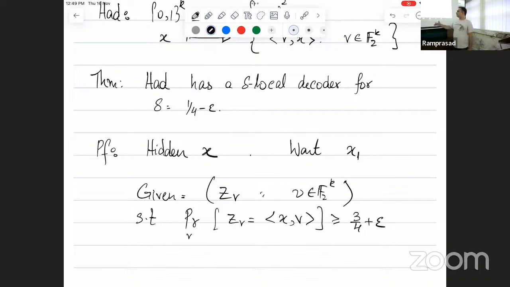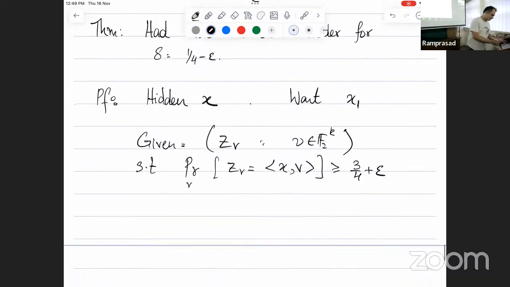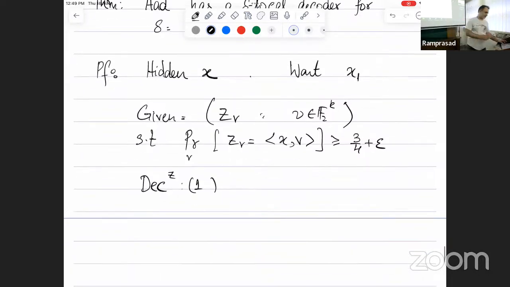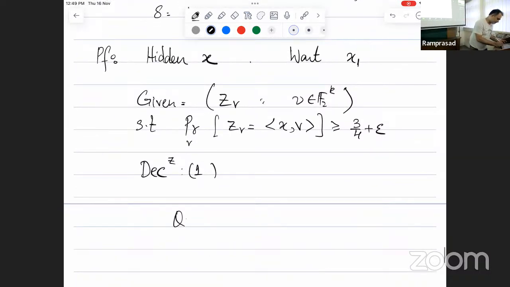Okay. Now, what can someone think of a local decoding procedure for this? Pick random v and with v and v plus... Exactly. So local decoder with respect to, I don't know, coordinate 1. What you do is the following: you query z. Okay, maybe I should say pick v at random.